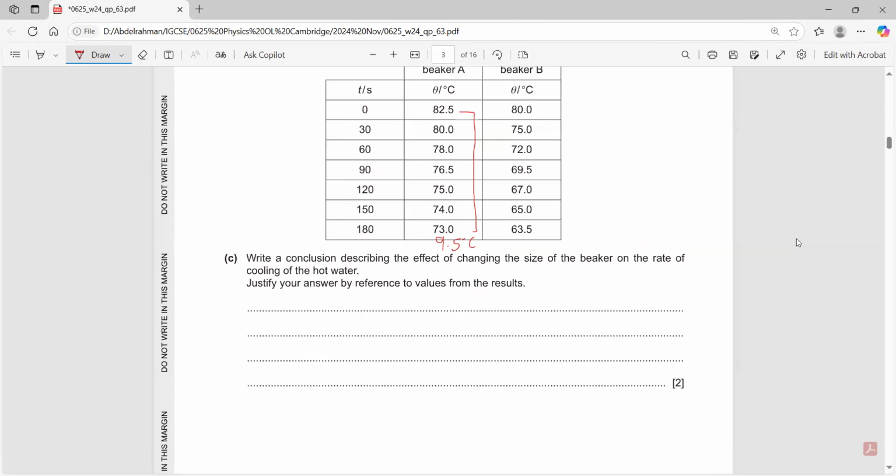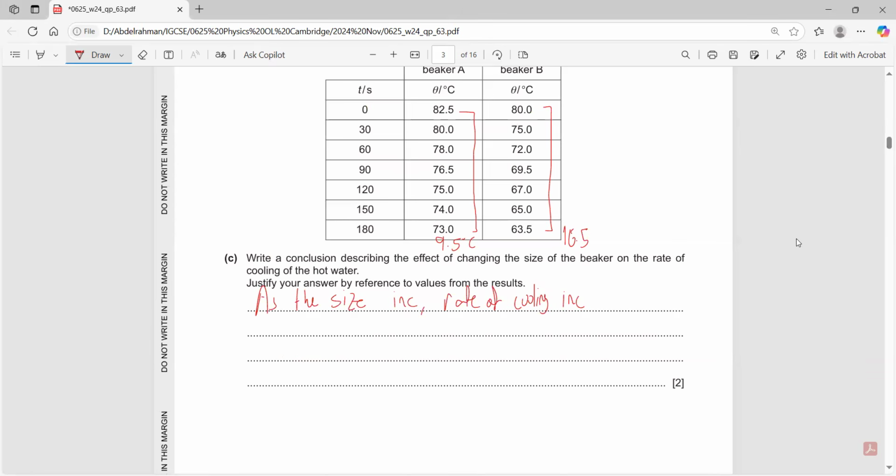In B, it was from 80 all the way to 63.5, which is 16.5, which is quite a difference. Meaning that as you increase the size, the rate of cooling increases.